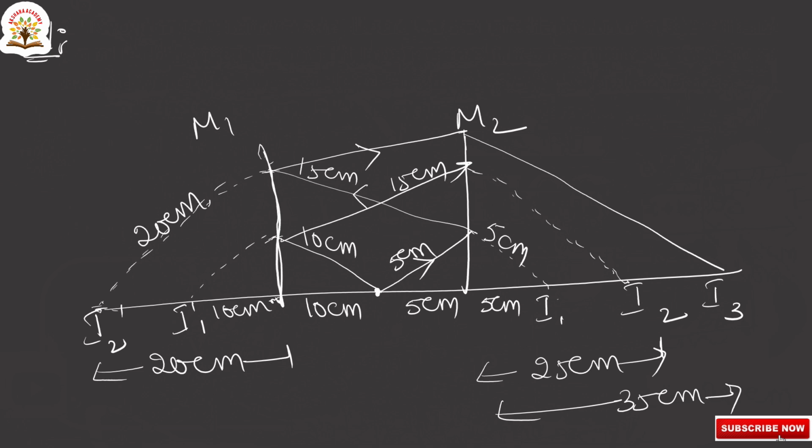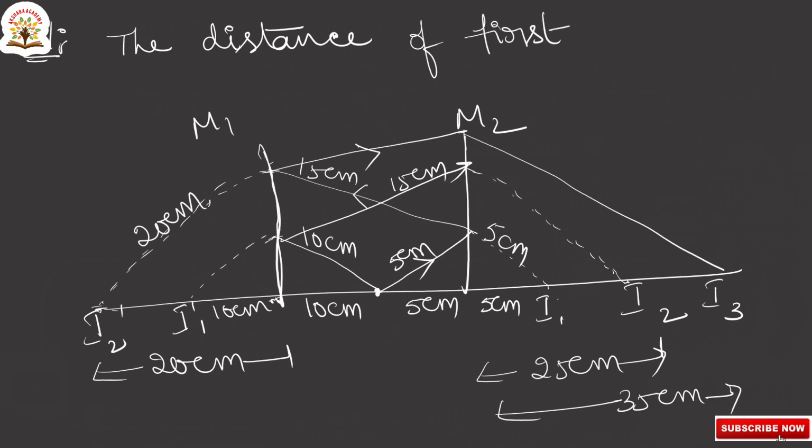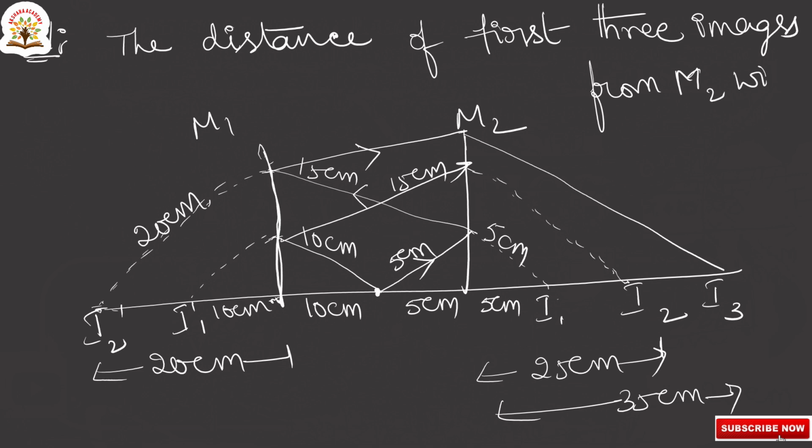Okay, the distance of the first three images from M2 will be 5 centimeters, 25 centimeters, 35 centimeters.